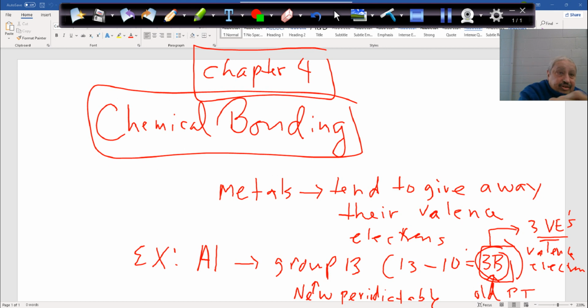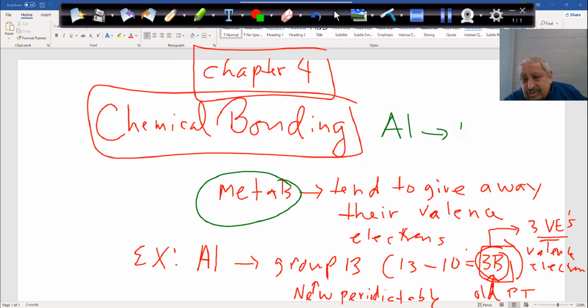Aluminum, because it is a metal, tends to give off these 3 electrons. It will come out as 3 positive, since 3 electrons are given off. Those are the VEs, valence electrons.